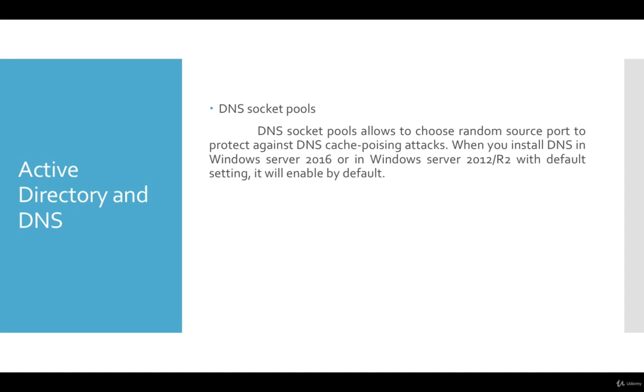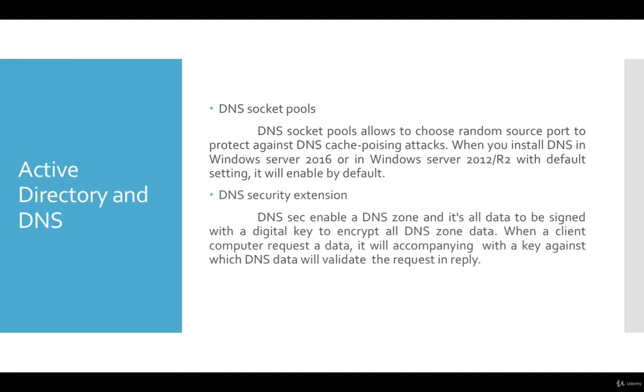DNS socket pools. DNS socket pools allow choosing a random source port to protect against DNS cache poisoning attacks. When you install a DNS server in Windows Server 2016 or Windows Server 2012 R2 with the default settings, it is enabled by default. DNS security extension, in short, DNSSEC.